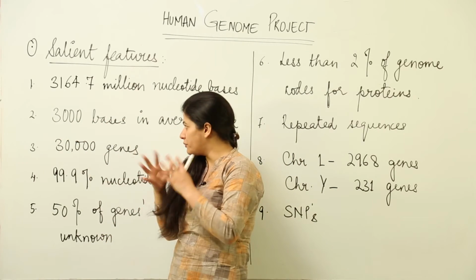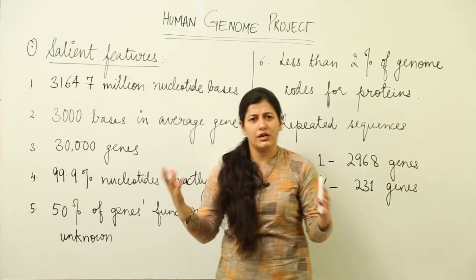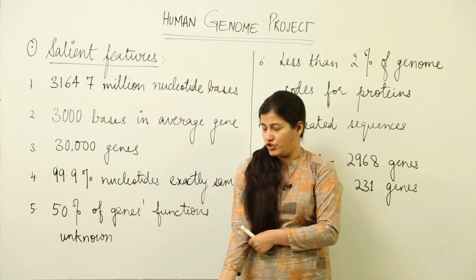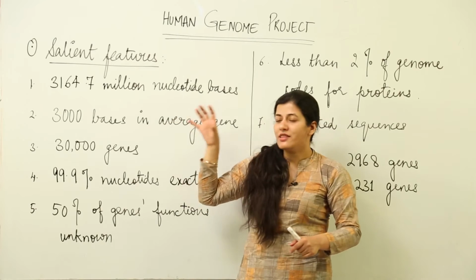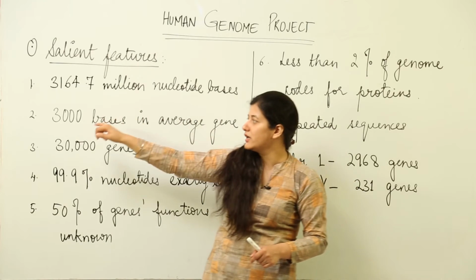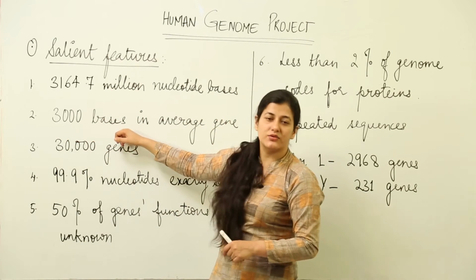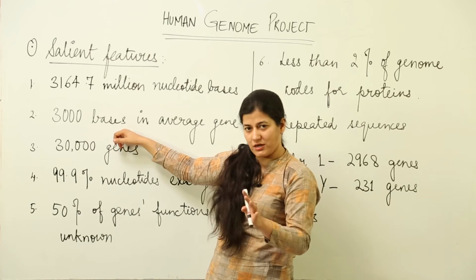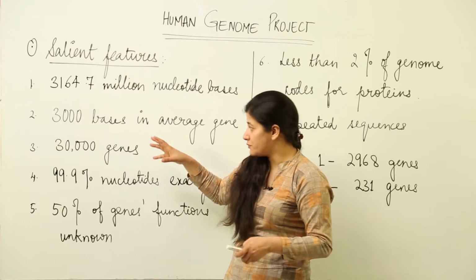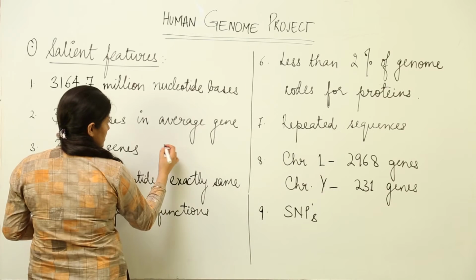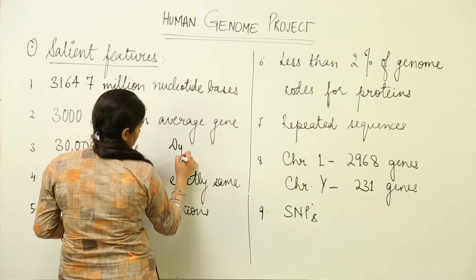It was approximated that there would be a great number of base pairs in an average gene, but later on it was concluded that if an average gene is to be considered, there are as many as 3000 bases, approximately. But yeah, there are exceptions. The largest gene is dystrophin, remember it.